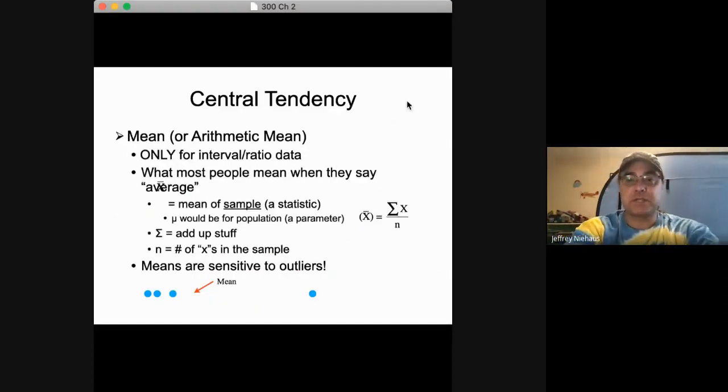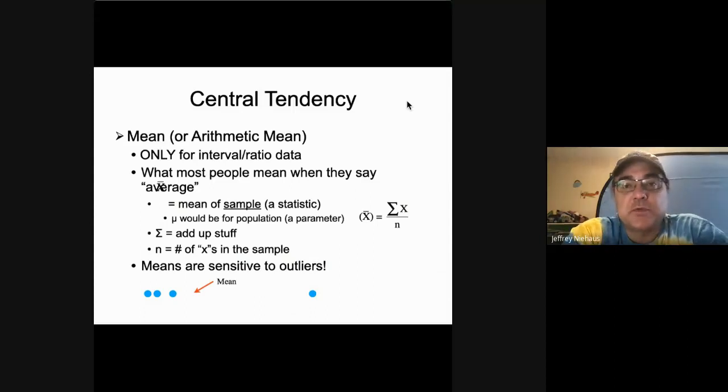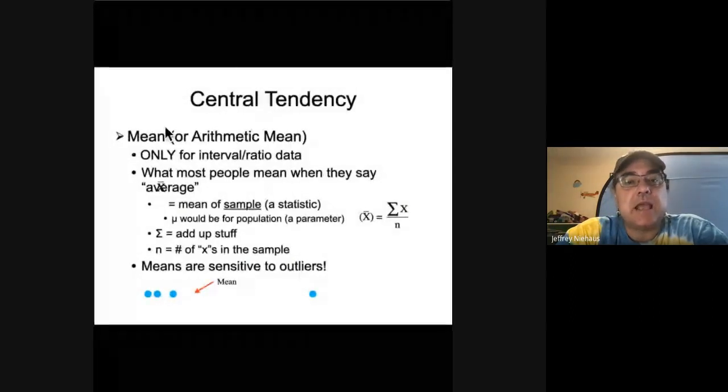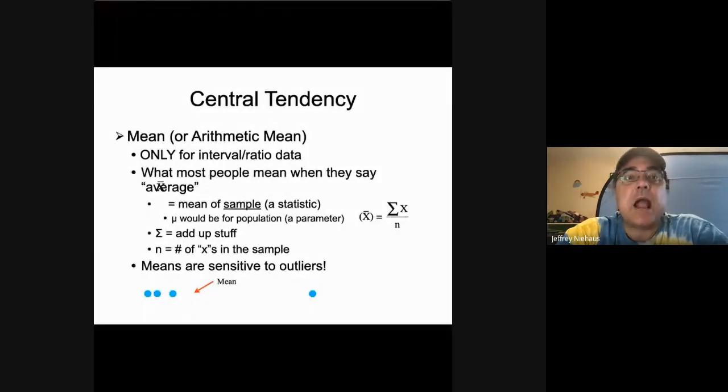All right, so the most useful measure of central tendency that we are going to use in this class is the mean. Now, mean is a relatively precise term. Arithmetic mean is the most precise term. What the mean is usually meant to convey is this thing that people talk about when they say average.